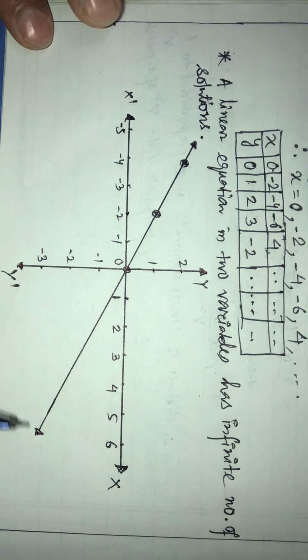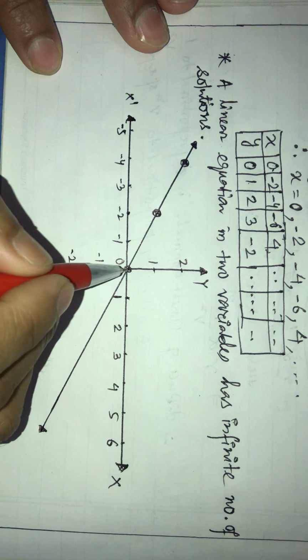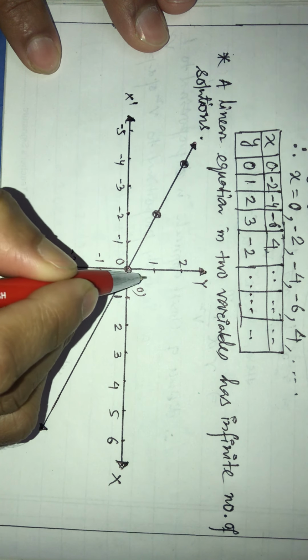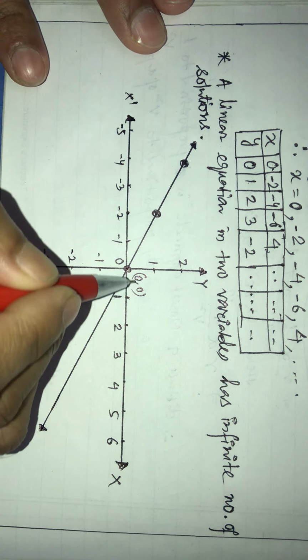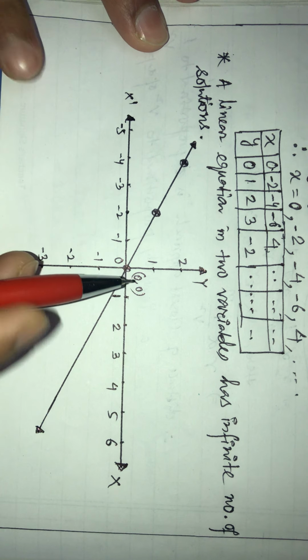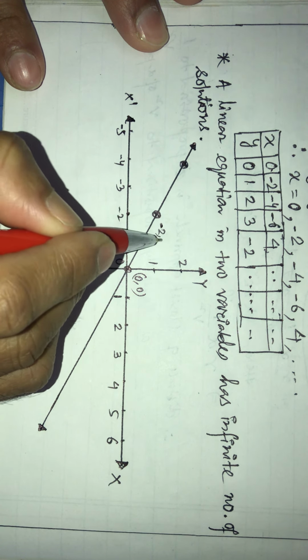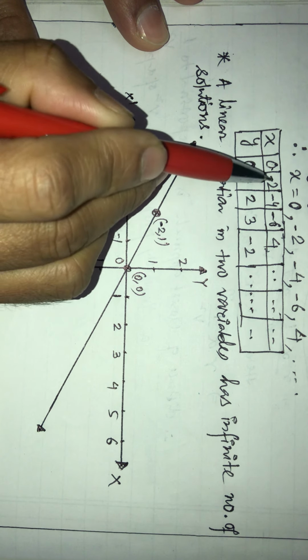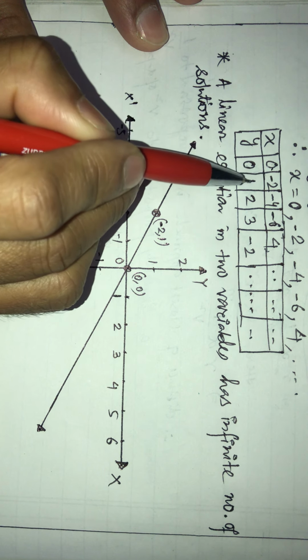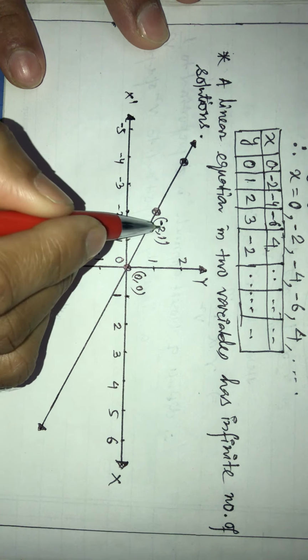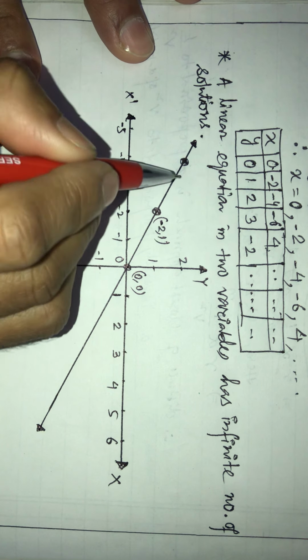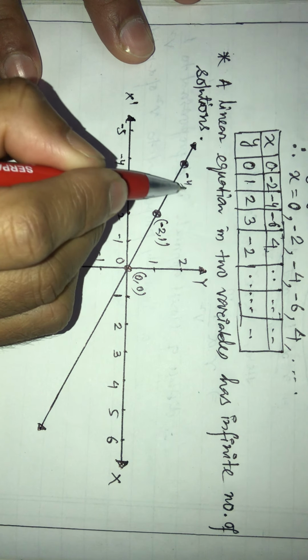So this is the graph I got. This was 0, 0, so you must mark this coordinate. These are nothing but coordinates, you learned in class 9. This is -2 and 1, (-2, 1). First we write the value of x, then y. So -2 is x, 1 is y. Here is (-4, 2).